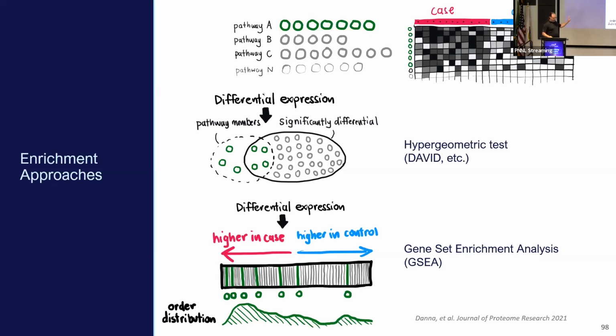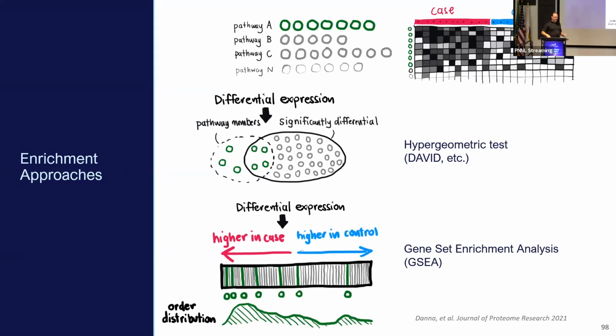So I meant to say this at the start of this slide, but the way that these approaches work basically is you have a differentially expressed set of genes and you want to use one of these. You input your differentially expressed set of genes. Depending on the tool, you either also input your background set, what this was drawn from, or you select a background set.